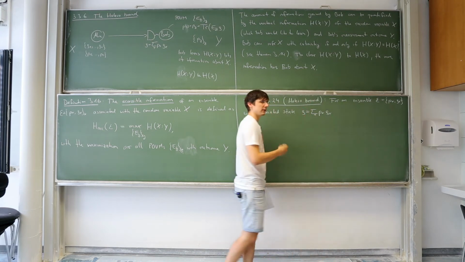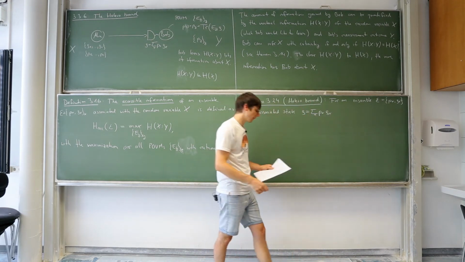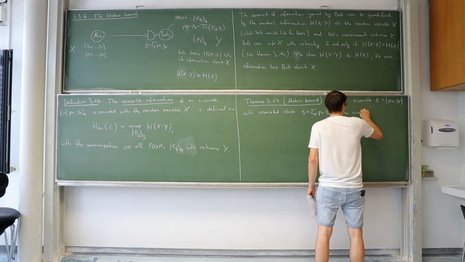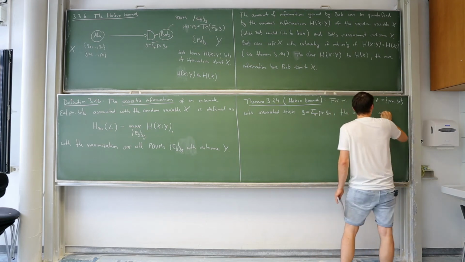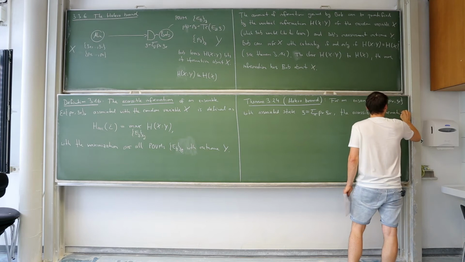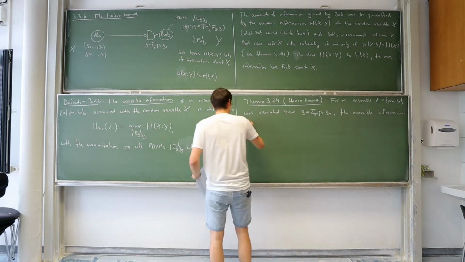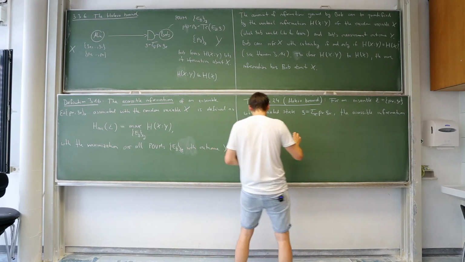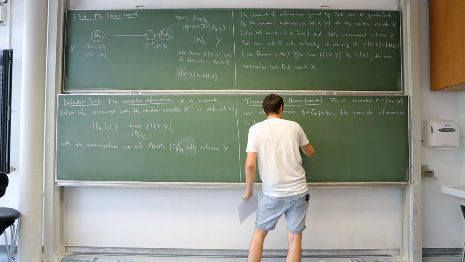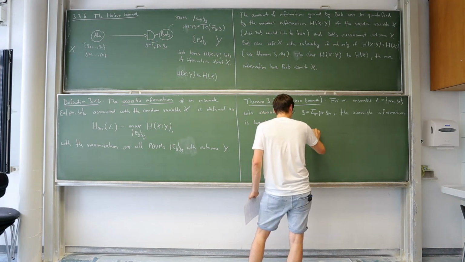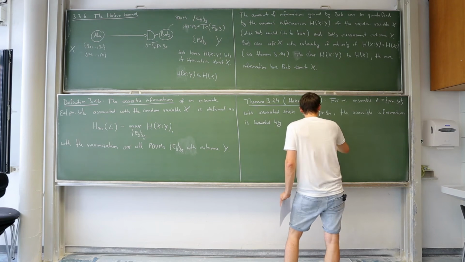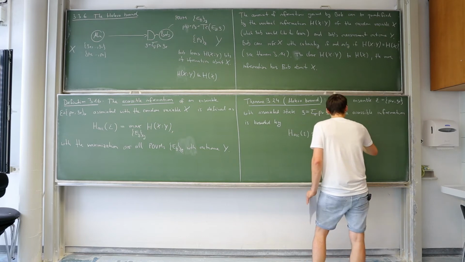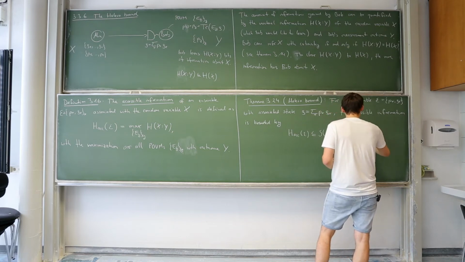So this is the state that Bob would receive in this communication protocol. The accessible information is bounded as follows. So the accessible information is smaller or equal to the von Neumann entropy of rho minus the sum over x px and the von Neumann entropies of rho x.